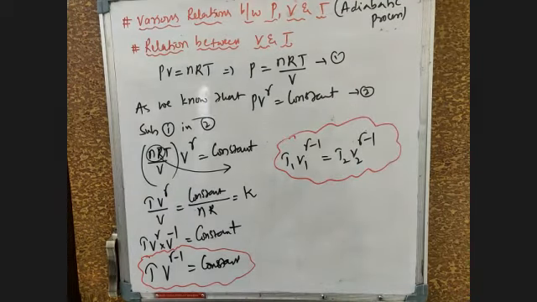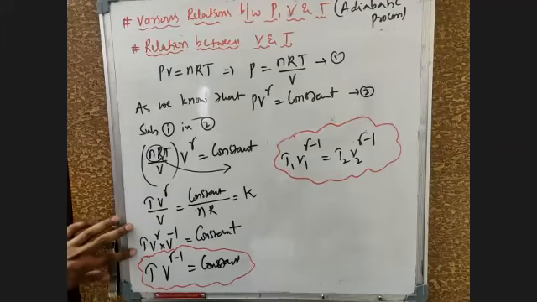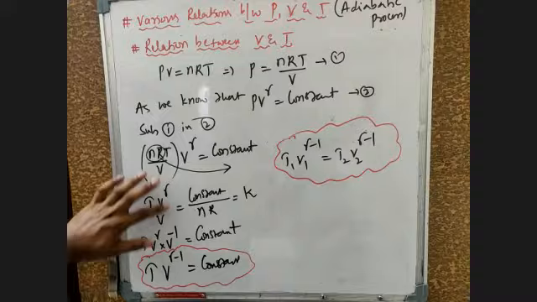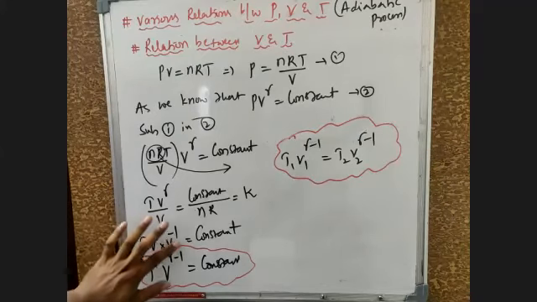Sir, can you once again explain from the second last point? See here, I took V above it. This is T V to the power of gamma into V to the power of minus 1 is equal to constant.